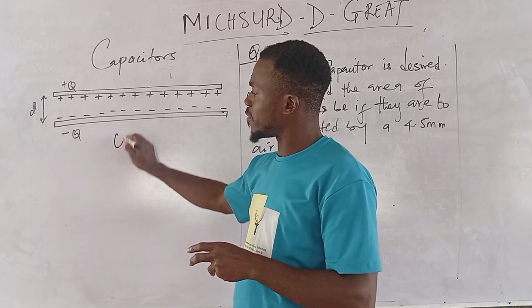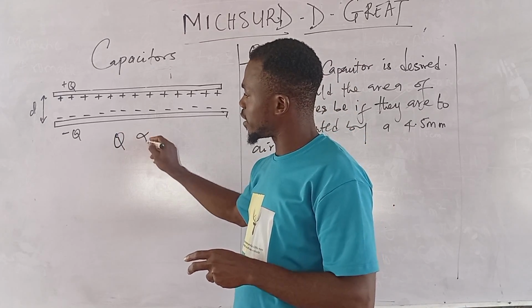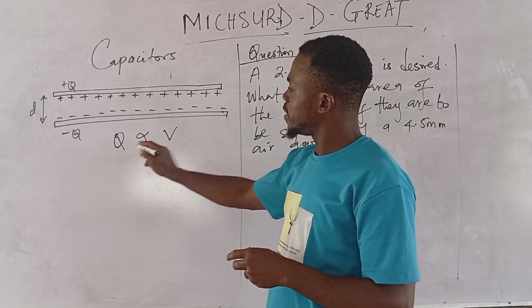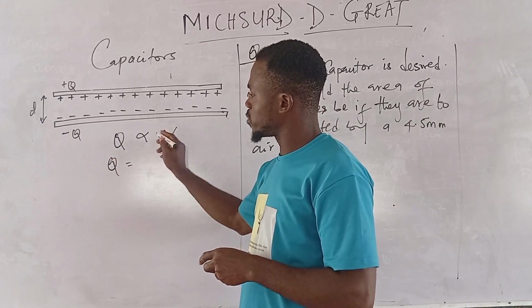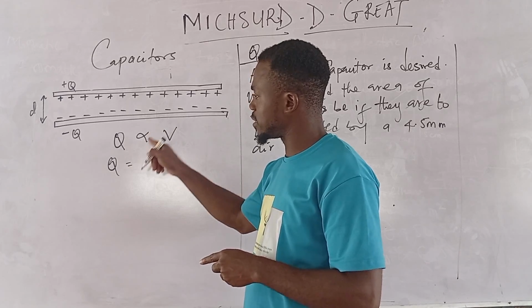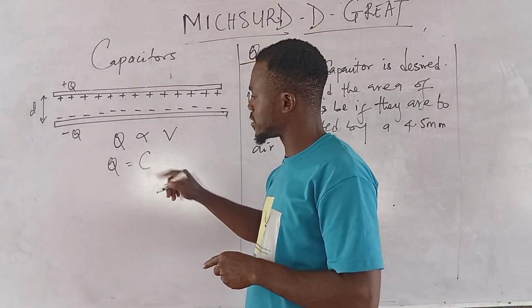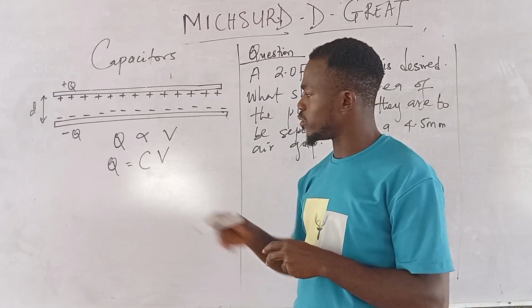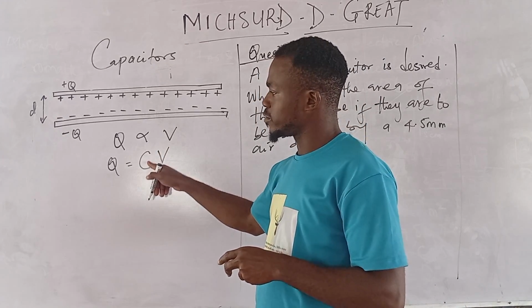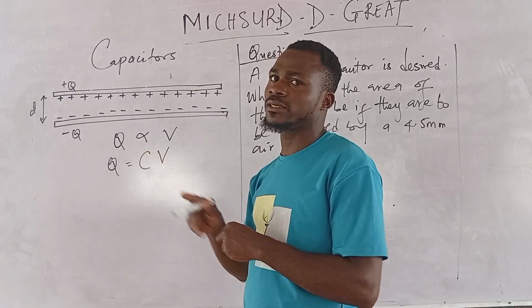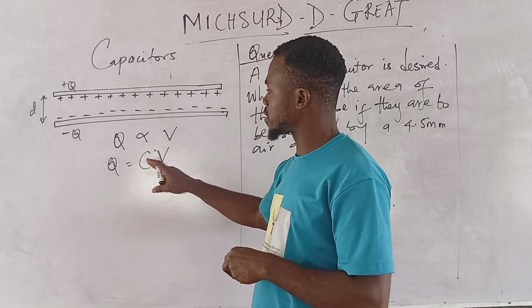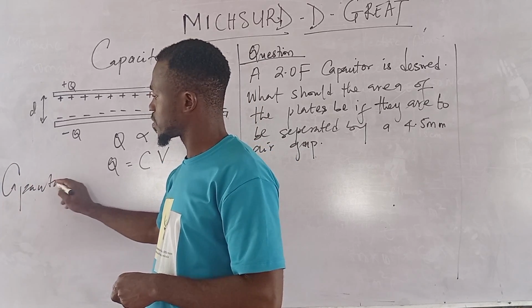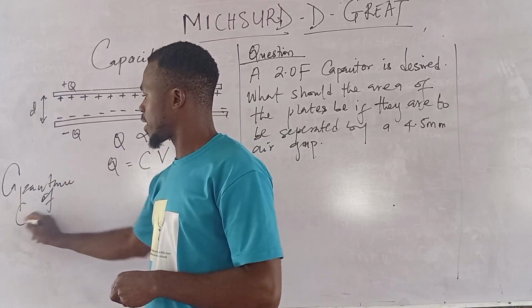So the charge is directly proportional to the potential difference. If I remove the proportionality sign and introduce a constant, let me call it C, then Q equals C times V. Each capacitor has its own constant, and this constant is called the capacitance of the capacitor.